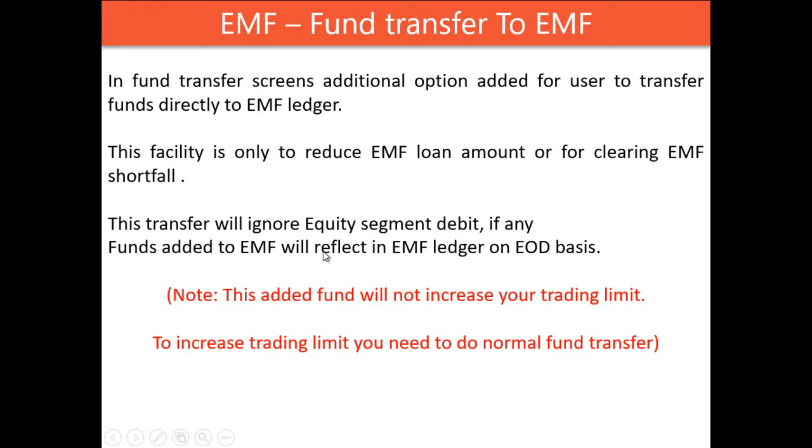As I said, once you click on the funds transfer tab, and if you have activated EMF, you can directly transfer the amount to your EMF ledger. But when you do that, it will be reflected only on an EOD basis in the EMF ledger. It will not consider any funds or any debit you have on your normal ledger. It is considered only on the EMF ledger.